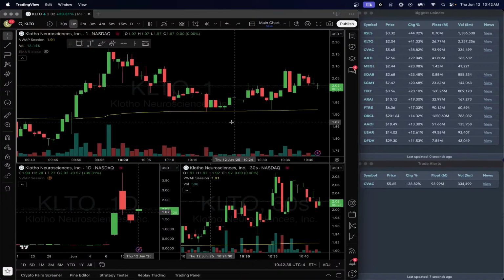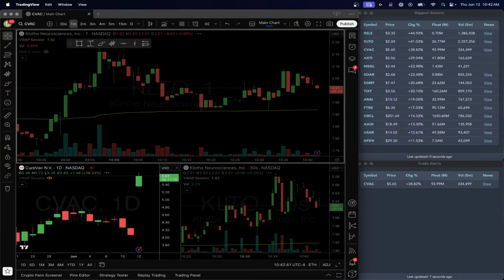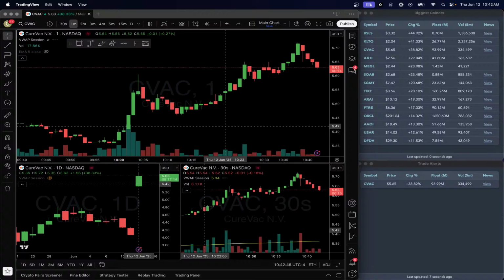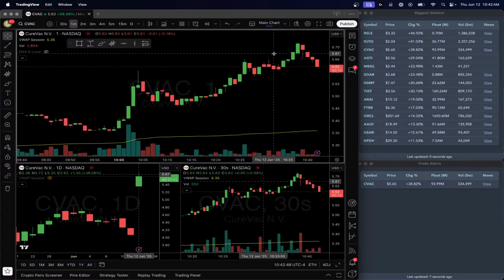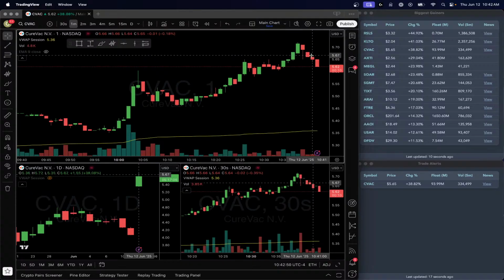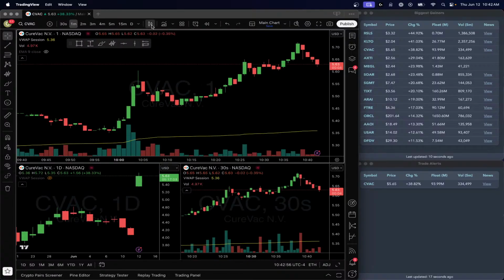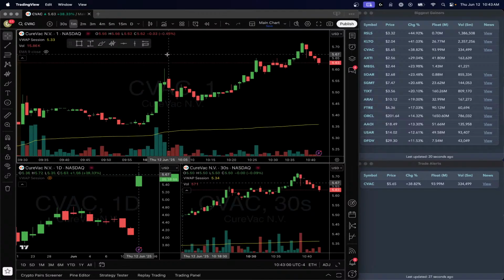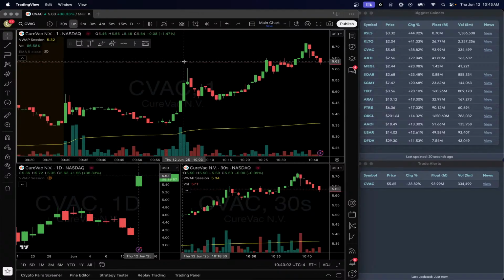Okay, so we have a CVAC. Okay, so CVAC showed up, but then again, let's take a look at it. Could that be the 3-bar pullback? Let's look at the anchored VWAP. So CVAC showed up, so that might be a trade.